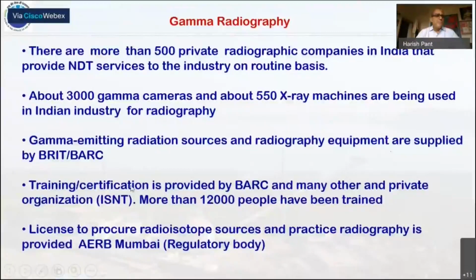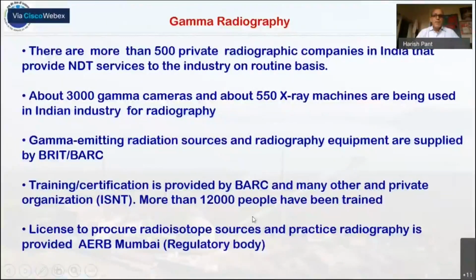Now, the training and certification is provided by BRC and many other private organizations like ISNT. BRC alone has trained more than 12,000 people from the industry, who now have the license to perform radiography in the industry.